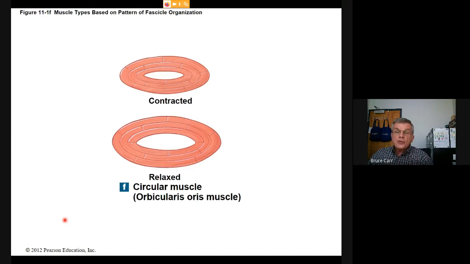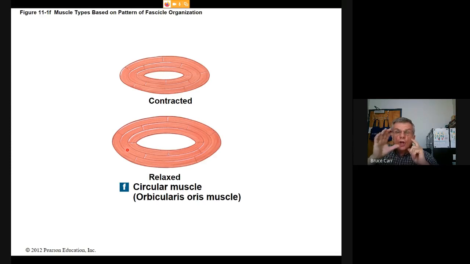So when you take these packets of fibers, and you can see them arranged in multiple overlapping layers, you get what's called a circular muscle, an orbicularis muscle. And the name here, orbicularis, tells you it's circular. Oris tells you it circles the mouth. Now, when we relax, there are muscles attached around the lips and the angle that basically pull back to open the mouth.